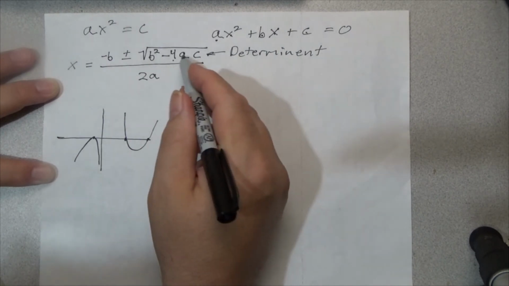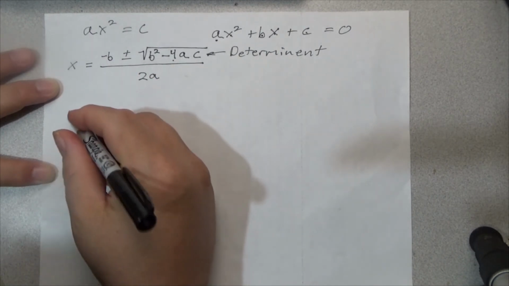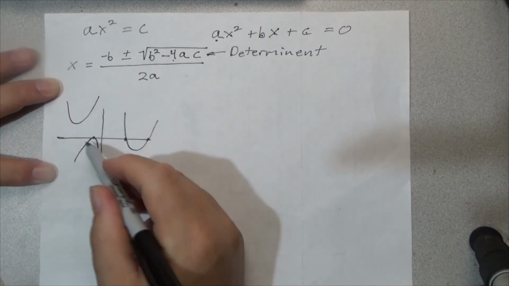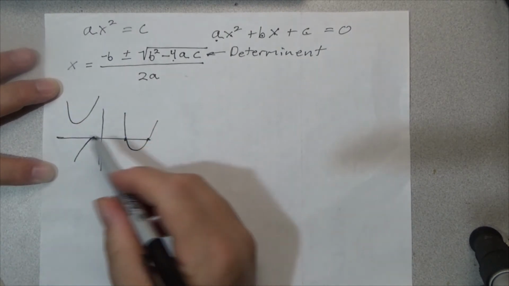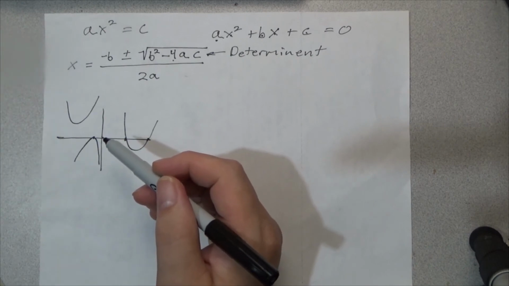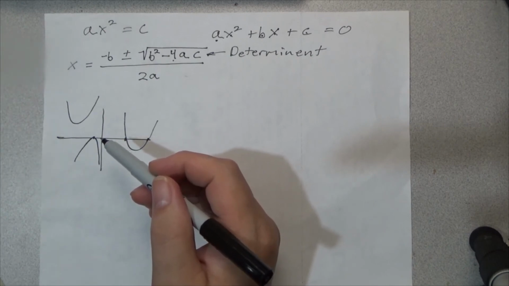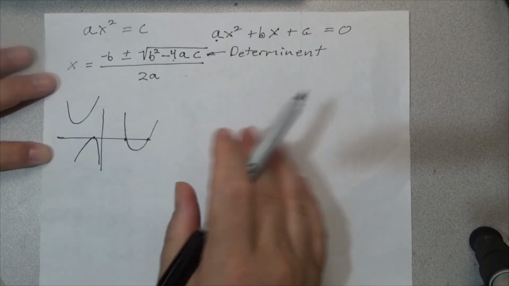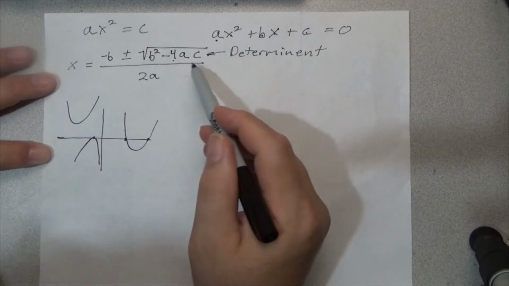The parabola, if this is a negative number, would look something like this right here. It would never come into contact with the x-axis, so it does not have any zeros or any roots. We have to imagine where it might make contact or something like that. But this is the determinant.